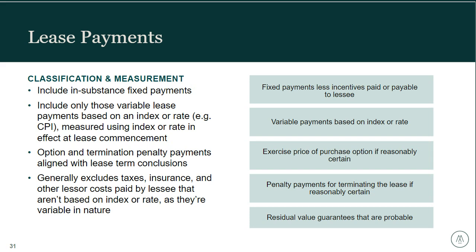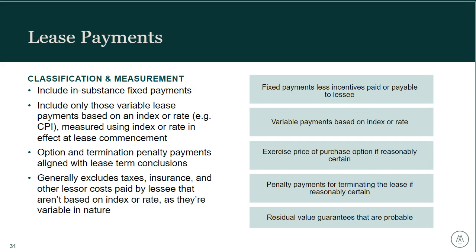So only fixed payments and variable lease payments based on an index or rate, you calculate at lease commencement, and you do not remeasure based on a change in the index or rate. You only remeasure your liability upon a remeasurement event, which we will hopefully make it to.